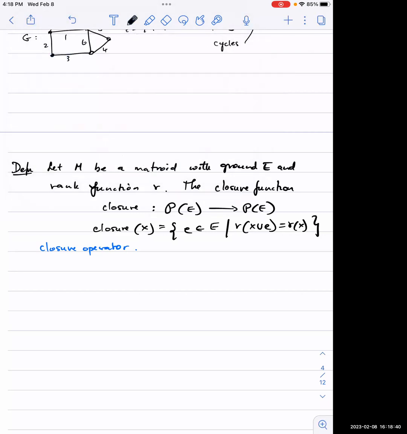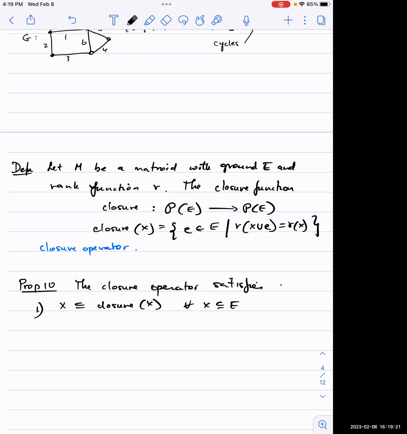And let's look at the properties that the closure operator satisfies, and then those will become the closure axioms. I think we are on proposition 10. The closure operator satisfies the following, and all of these are meaningful. 1, X is contained in its closure, for all X in E, the ground set.